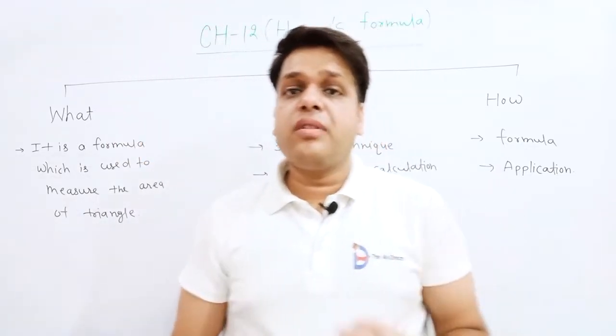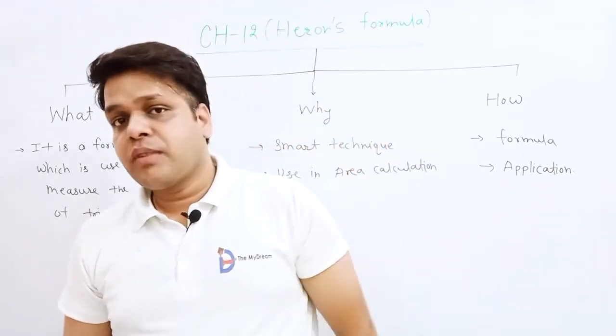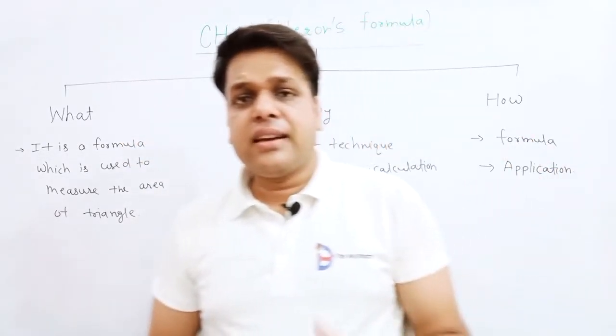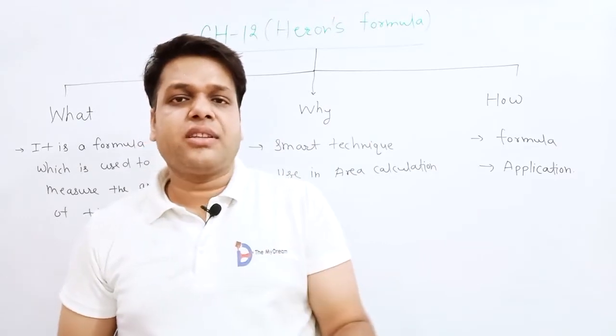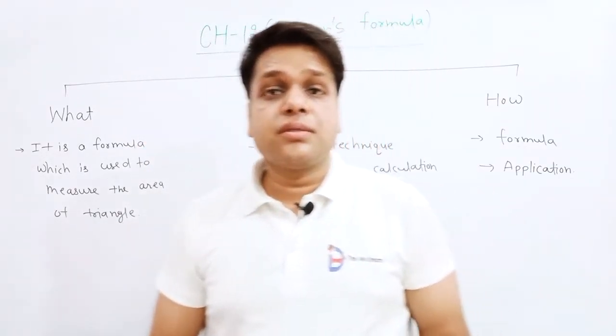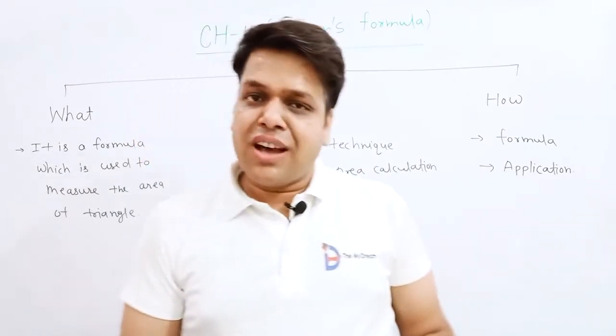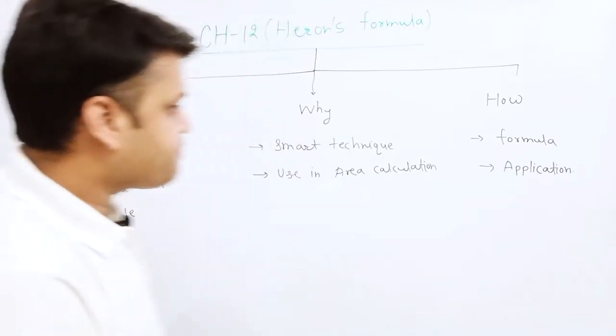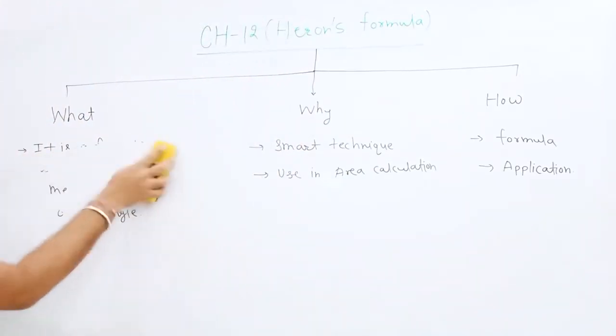Now how will we discuss Heron's formula? First of all we define the formula. After that we will define its application, where we use Heron's formula. Now guys, we are moving towards the definition part. What is Heron's formula?